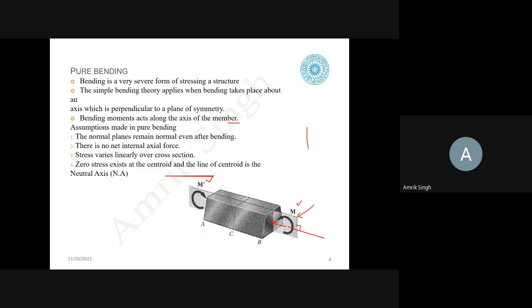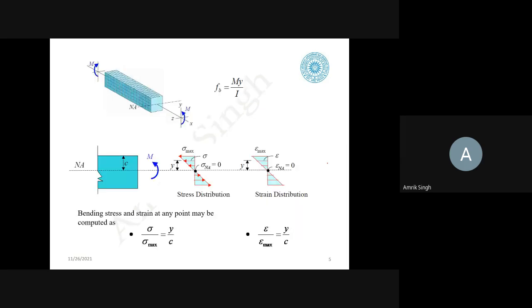So if you see the variation of the bending stress, with the neutral axis here, it varies linearly. Linearly means the variation is a straight line variation. It is not a curve. And zero stress exists at the neutral axis. The stress is zero.